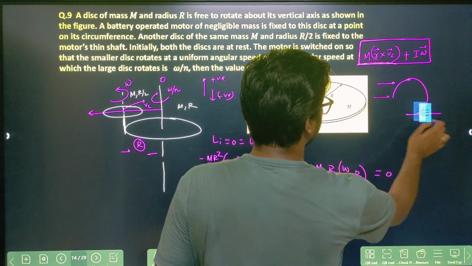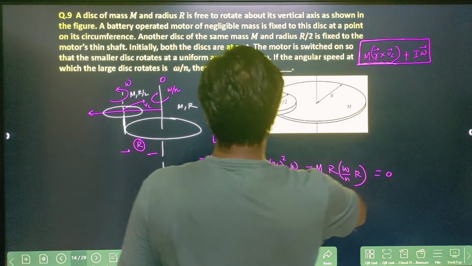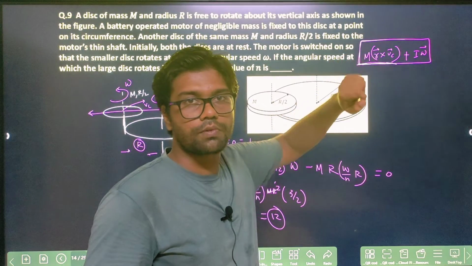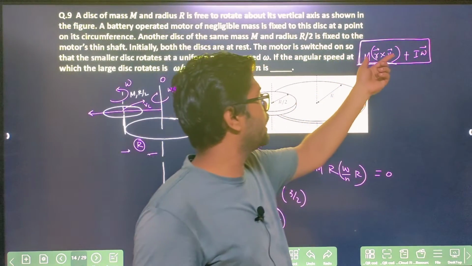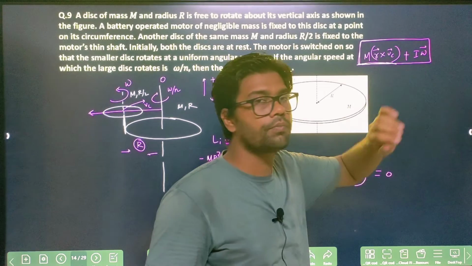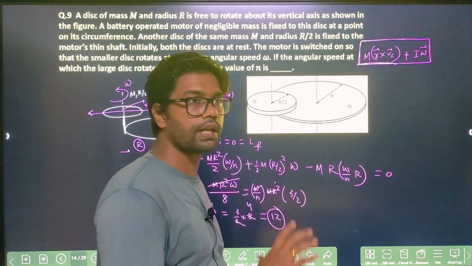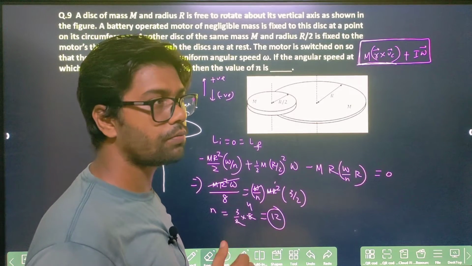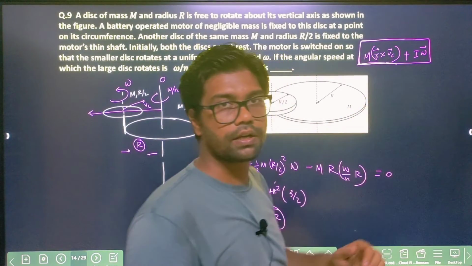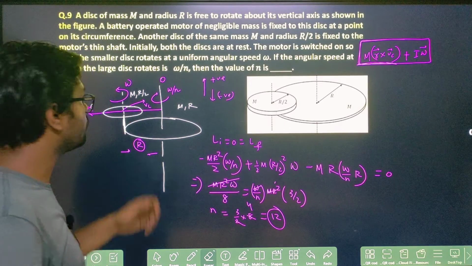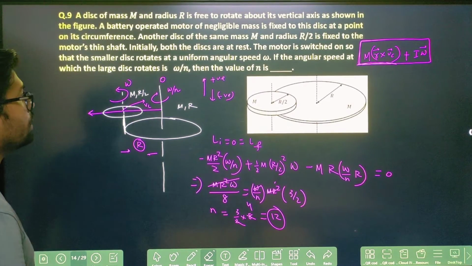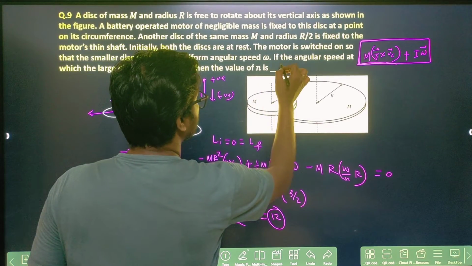So this thing you have to remember, and if this is doing a general motion, then you have to apply this angular momentum formula, right? So basically this is your m r cross Vc, and this will be I omega, that is rotating about its own axis. That moment of inertia you have to find out, and that omega you can find out, right? It is rotating with omega here. Clear? In that way you can find out this one, and the answer is 12 here, right? Answer will be 12.